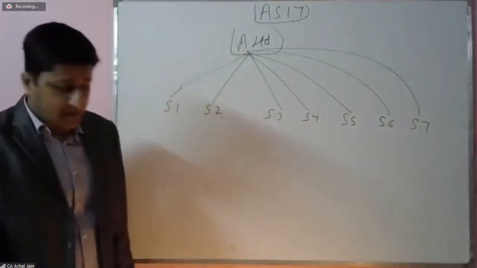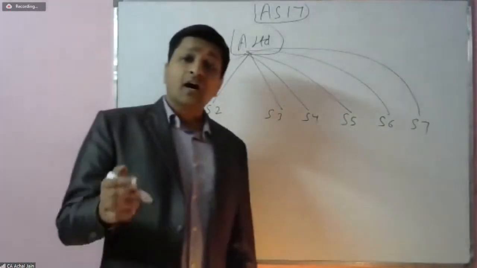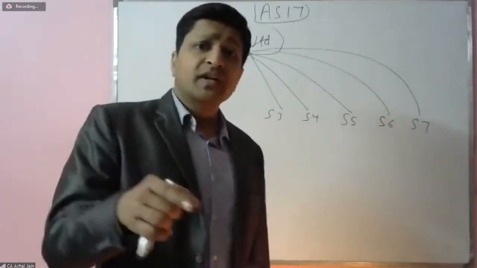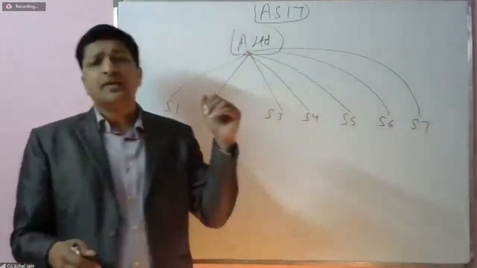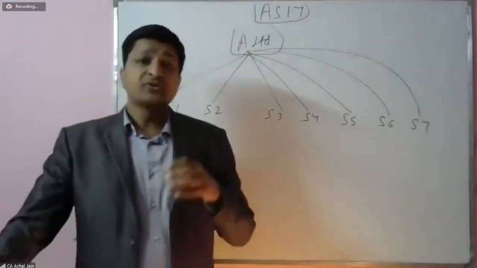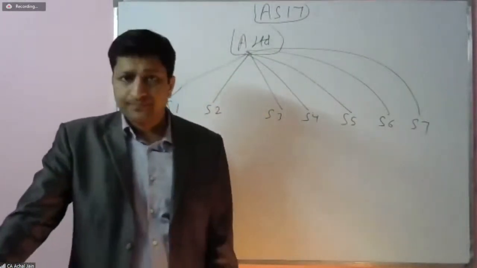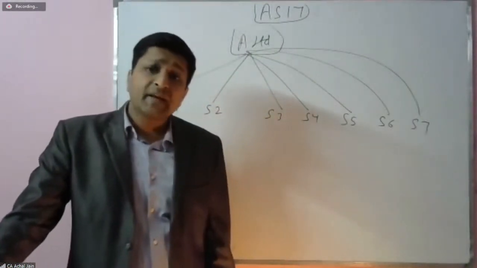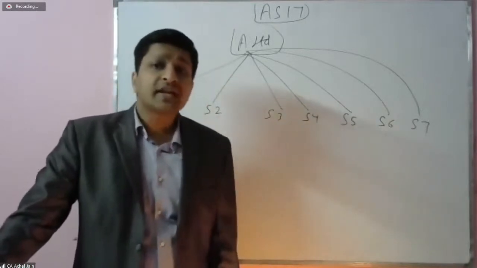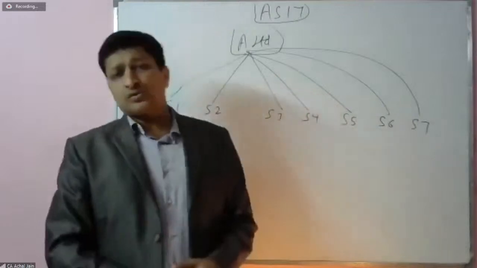Now the question arises that in the financial statements, do we need to give the disclosure for each and every segment? This is something which is very, very important. Because an entity may have multiple segments, but which segments are required to be disclosed?